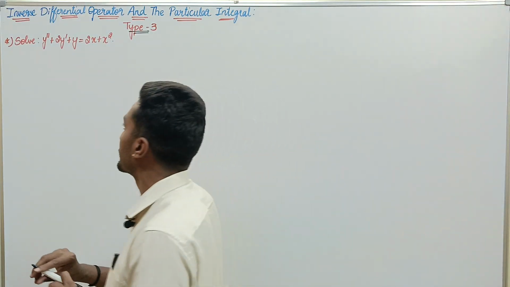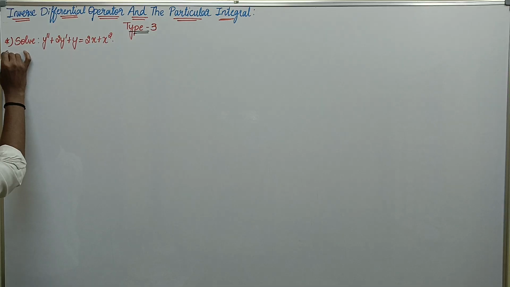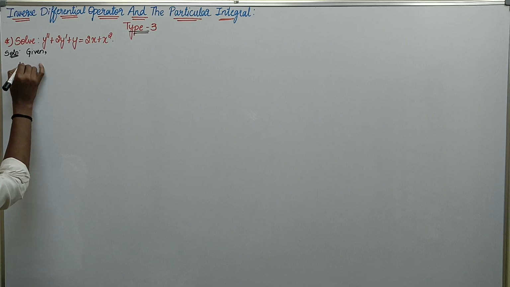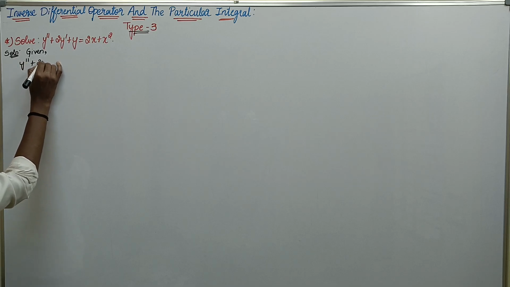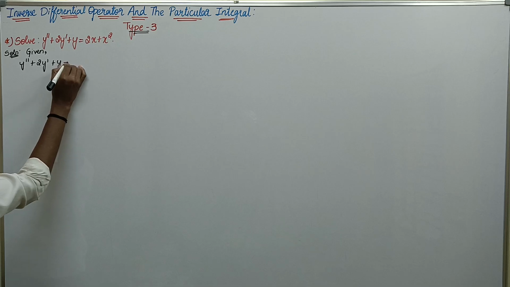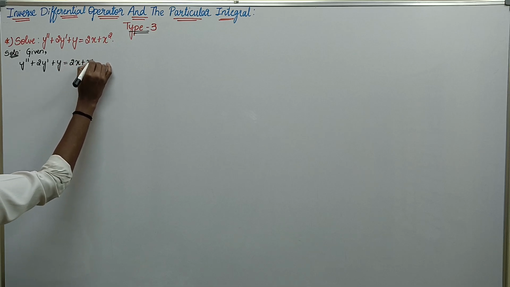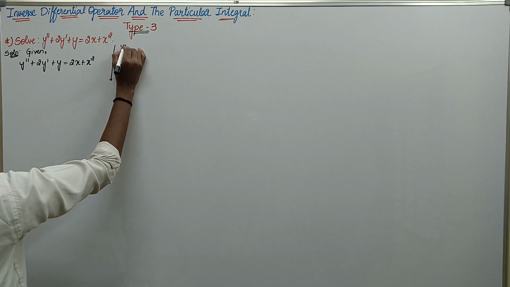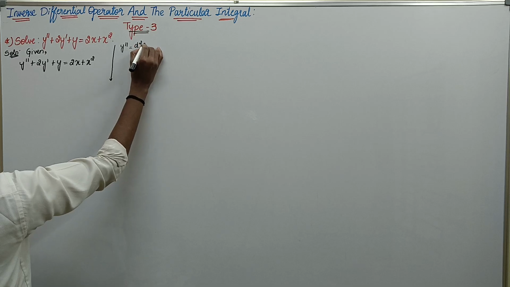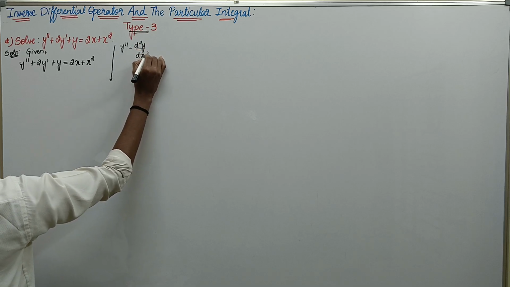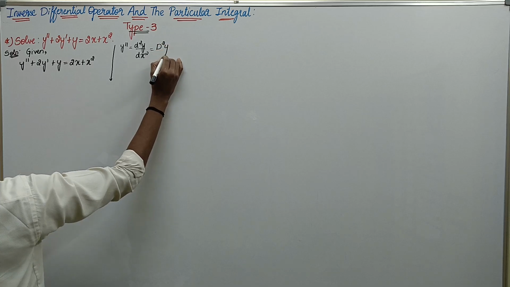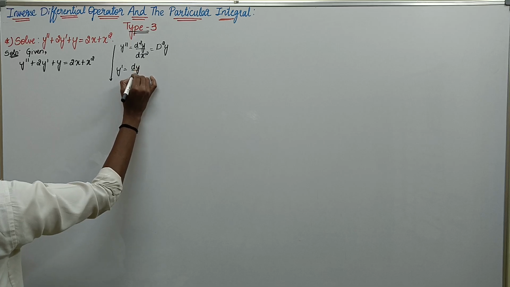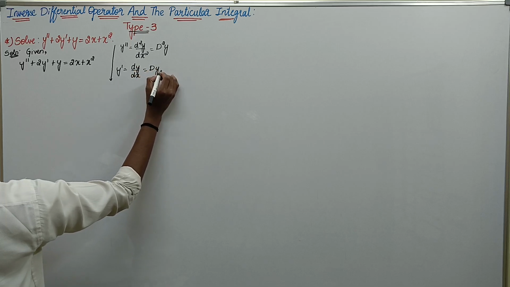How I am going to teach you now. First, represent the given equation: y double dash plus 2y dash plus y equal to 2x plus x square, where y double dash you can represent as d square y by dx square, which is D square y, and y dash you can represent as dy by dx, which is Dy.